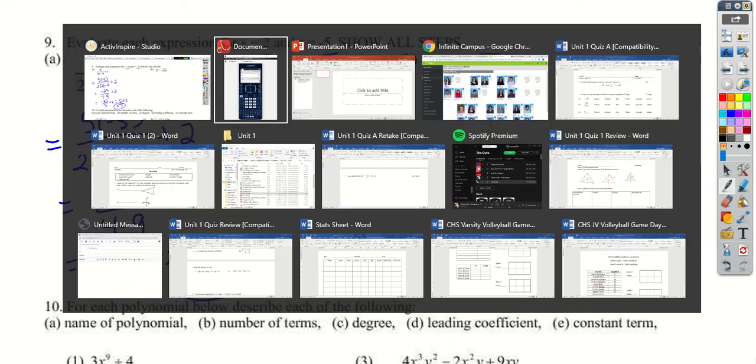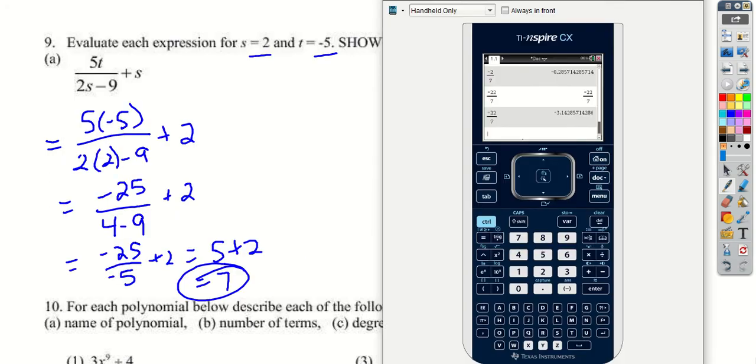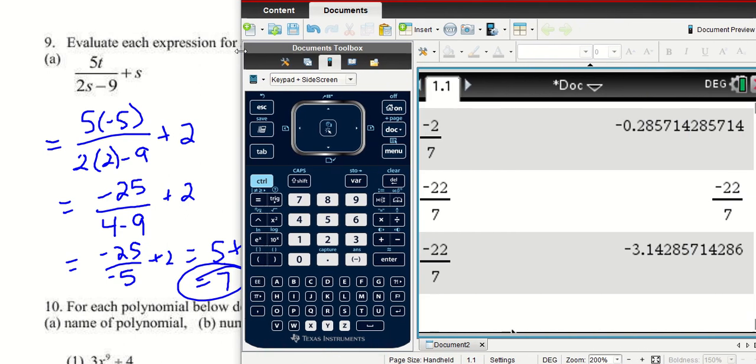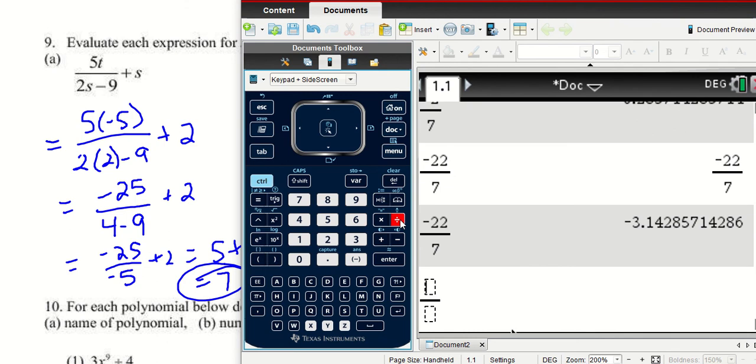Same thing we did before. I take my calculator. I make this bigger. All right. So I'm going to do control divide for a fraction bar. And I'm going to plug in.